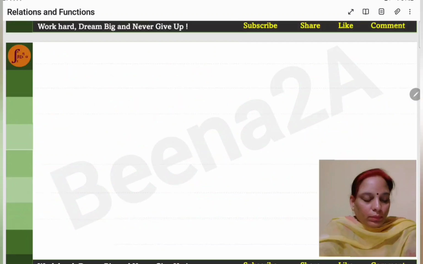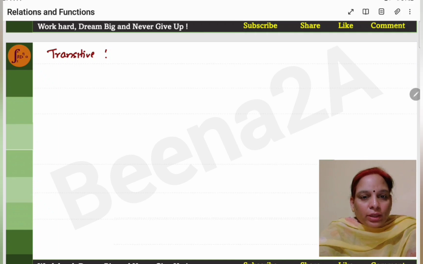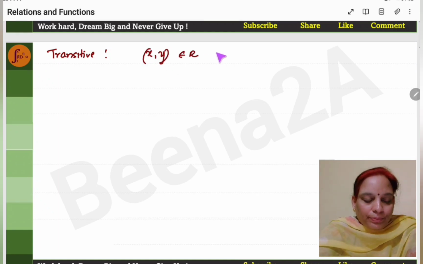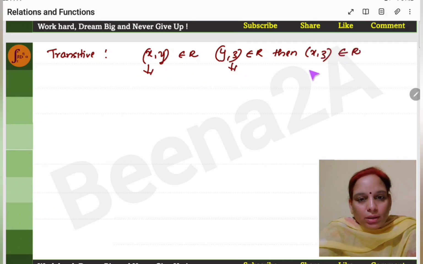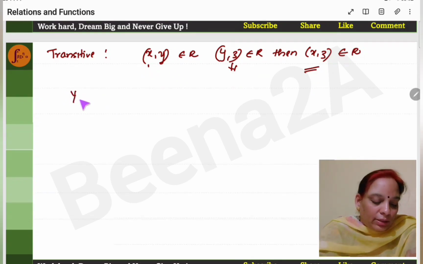Now let's look at transitive. What is the condition for transitive? If (x, y) belongs to R and (y, z) belongs to R, then the first and fourth element, that is (x, z), should belong to R. This is when it is transitive. Now here what is the relation? y is divisible by x.